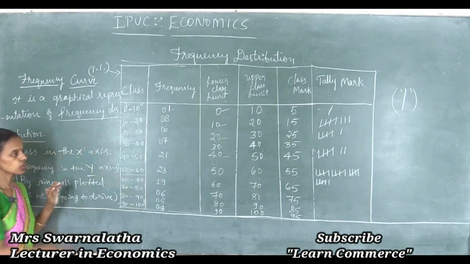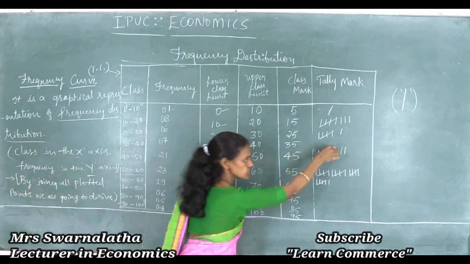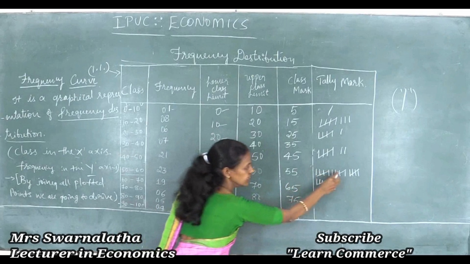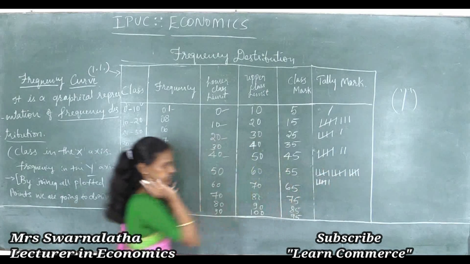So the cross mark denotes that after 4 it is 5. So 5, 10, 15, 20, 21.